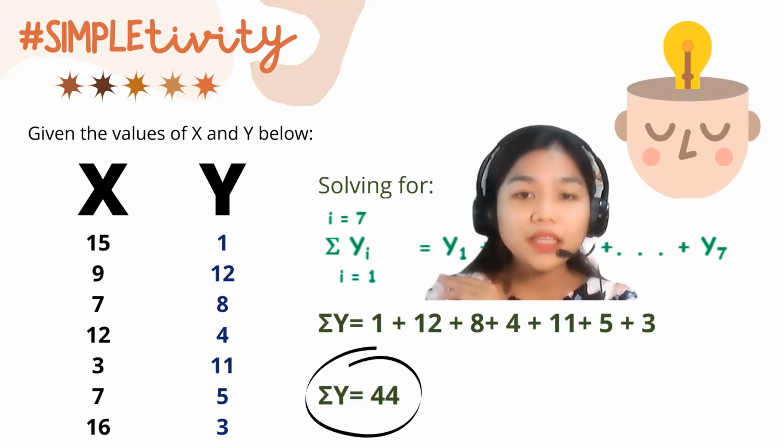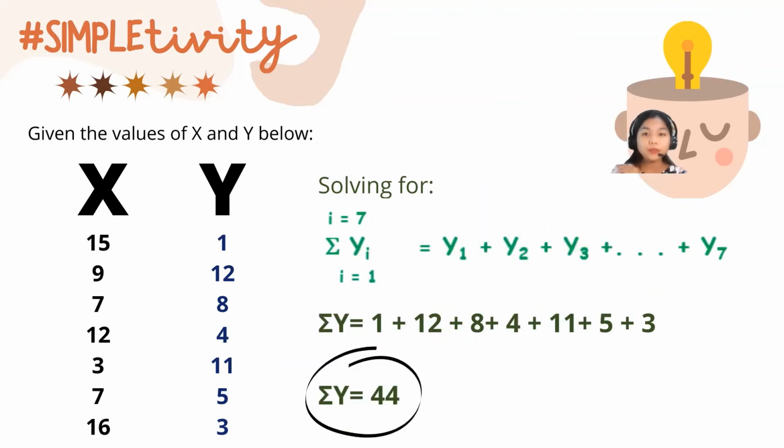To expand this, it's y1 plus y2 plus y3 until the last value of y, which is y7. Then simply replacing each value by the real number: 1 plus 12 plus 8 plus 4 plus 11 plus 5 plus 3, which is equal to 44. So please try to check my answers.